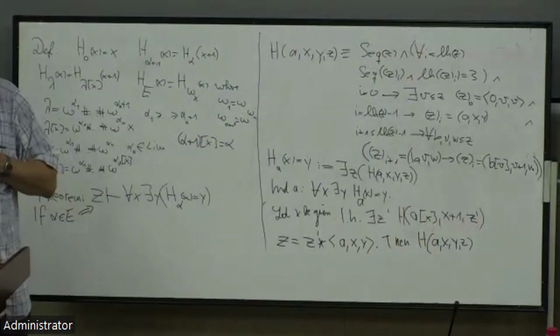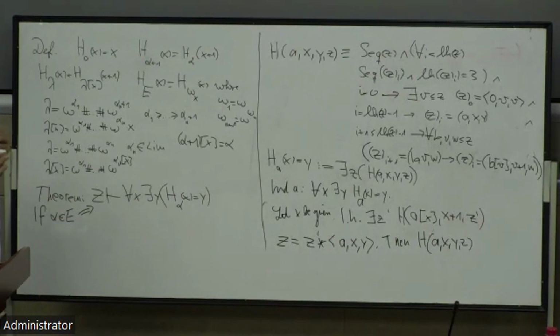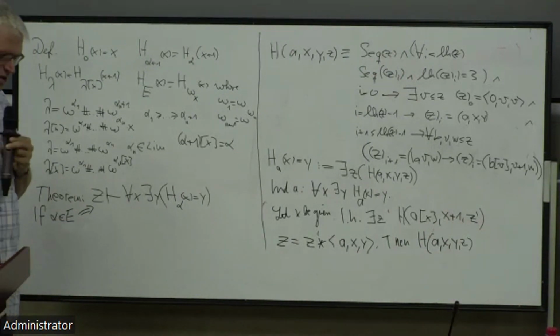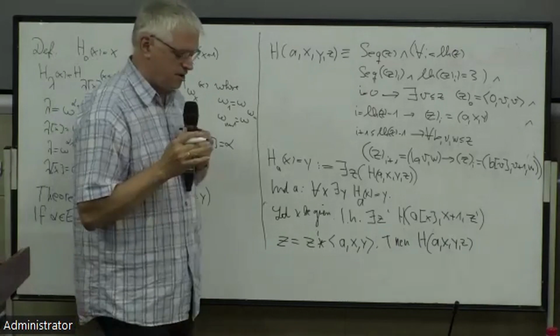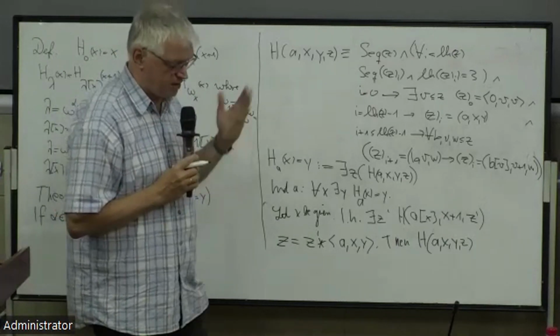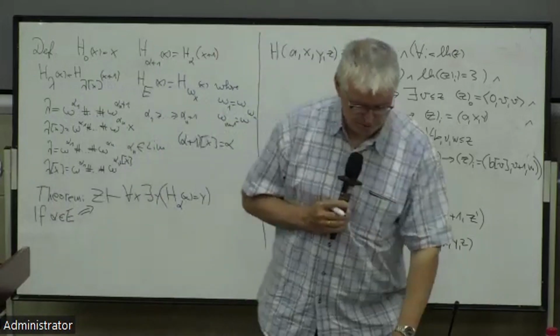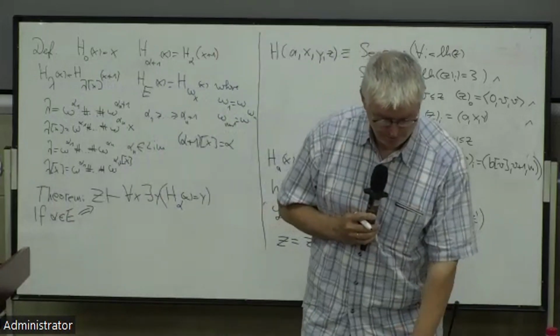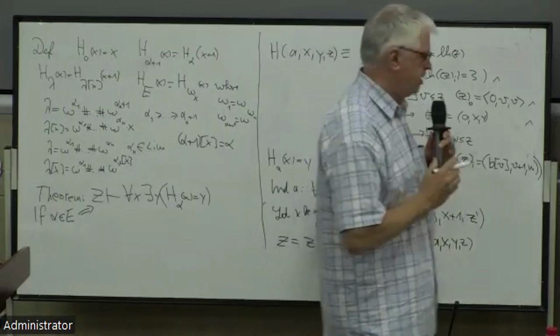So what does this mean? This means in our formal system, once we have transfinite induction available, we can prove the totality of the Hardy function of level alpha, where alpha is in our system of notations. Now, what is the goal of today?